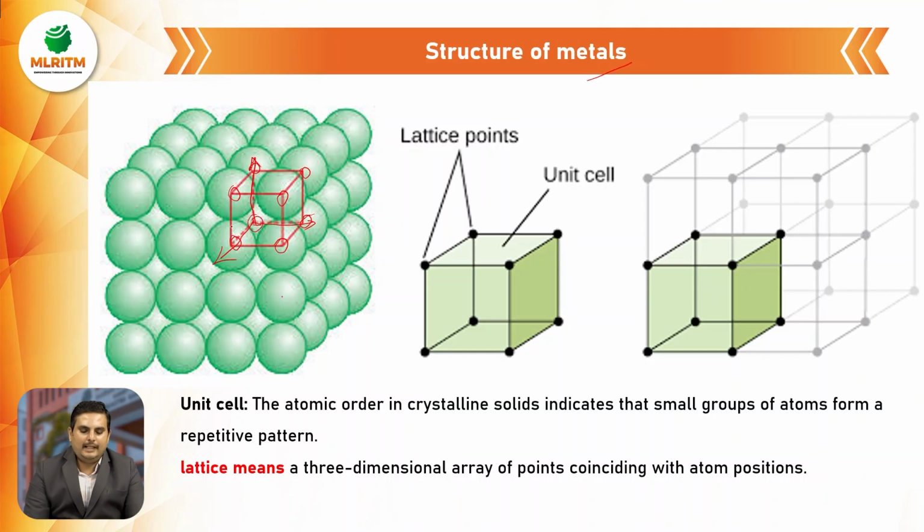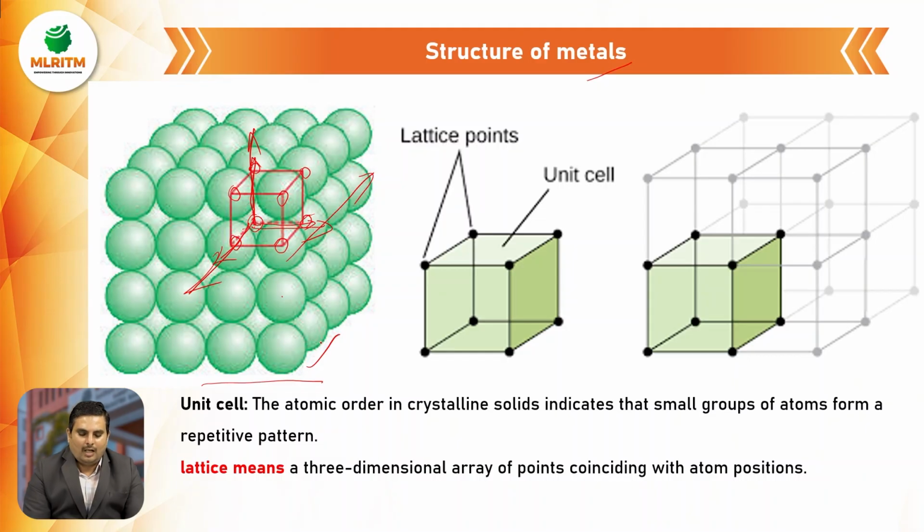It means there are eight atoms at the eight corners of the cube. This kind of atom arrangement is repeated over infinite distance, not only in the x-axis, y-axis, and z-axis. This is how the crystal structure consists.